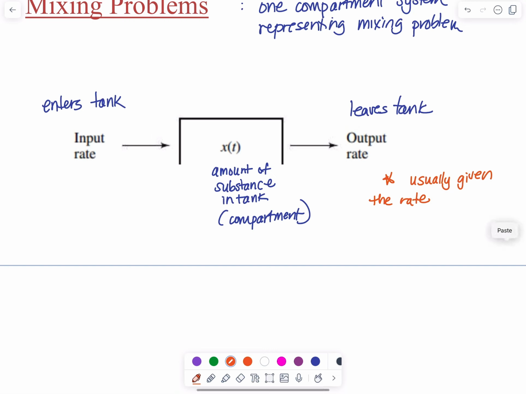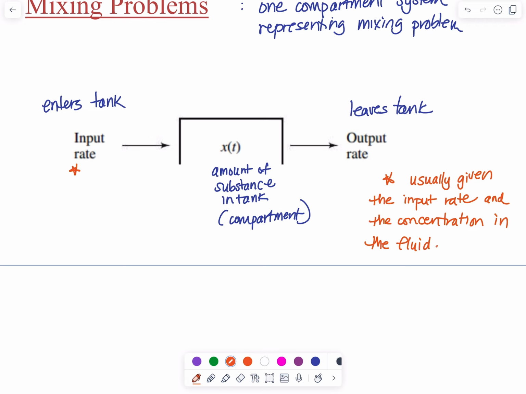So the input rate, let's just put input rate. And we're also given the concentration in the fluid. Okay, so usually we're given those.